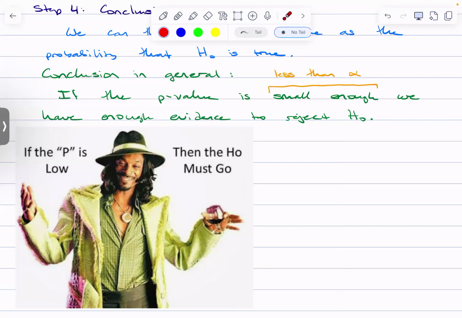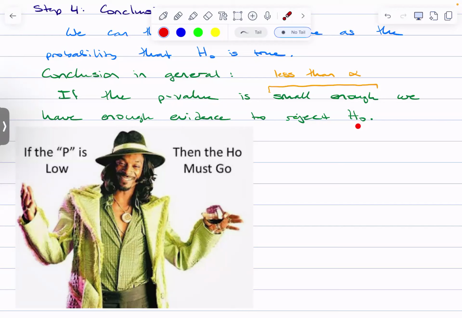Because this concept is a very difficult concept for a lot of students, I can't not bring something in that makes it easier. One important thing here is that our conclusion has to be in terms of the null hypothesis.